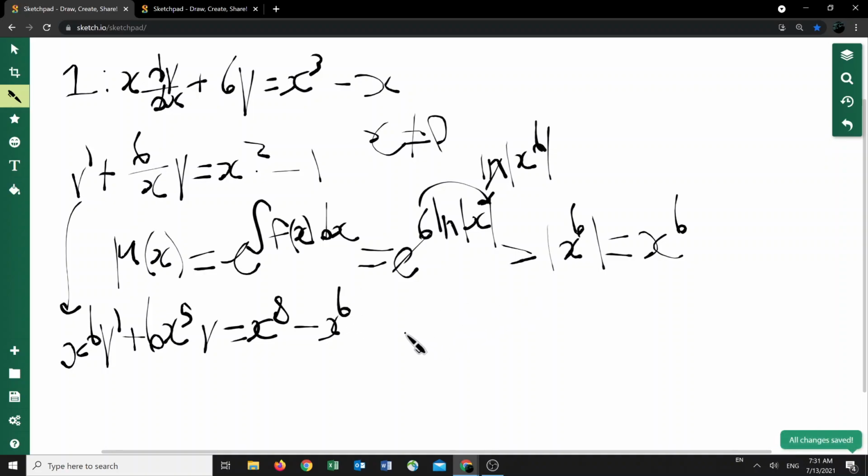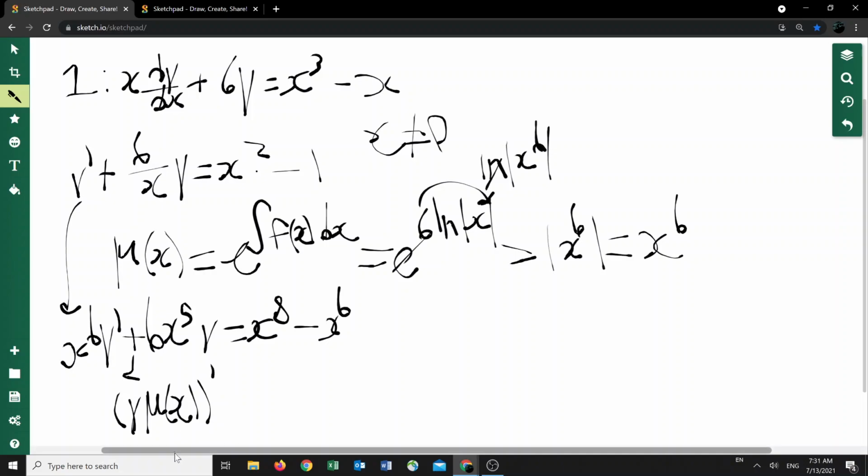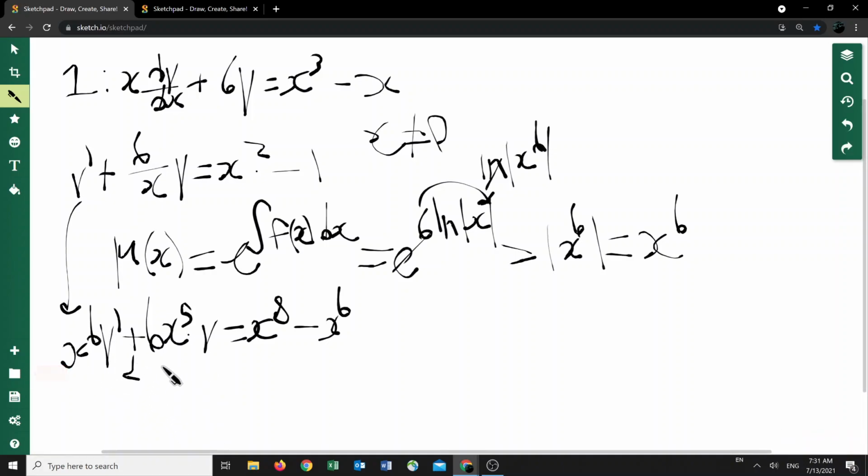Okay, that's nice. Notice that from the previous video, this left-hand side is always the derivative of the product y times mu of x. Let's see that in this case. Our first term here is x to the 6th y prime, then we have 6x to the 5th y.